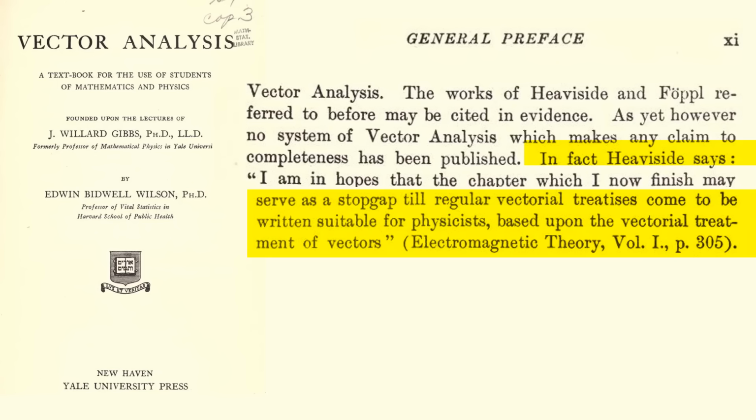You can see how popular Heaviside was at the time because Wilson justified the reason for his book by quoting Heaviside, when Heaviside said that the work he had written would serve as a stopgap till regular vectorial treatises come to be written suitable for physicists.